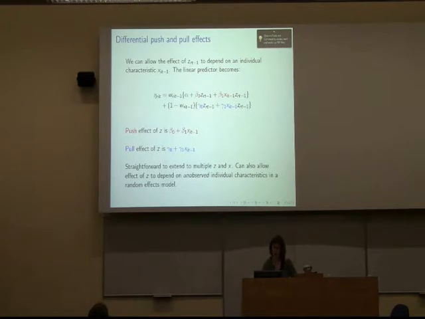You see now the push and the pull effect depend on X, and we're going to be considering a range of individual characteristics that take the place of X. This model is essentially fitted by including interactions between X and Z, and interacting also with W or 1 minus W, so it has a set of interaction effects to capture these push and pull effects and differential effects.